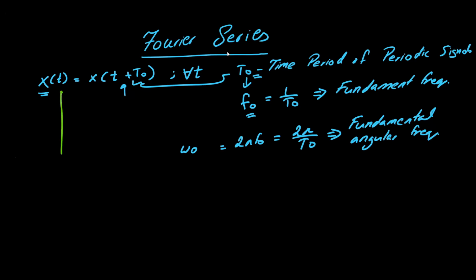So hence if x of t is periodic and it follows the Dirichlet conditions, that is, it must be convergent and it should have finite number of maximas and minimas, and also it should not have infinite discontinuities in the signal.